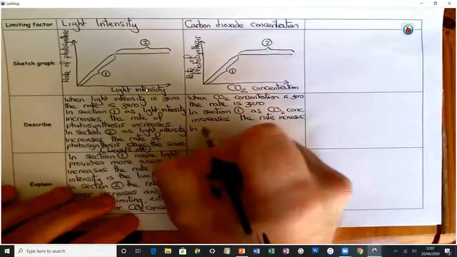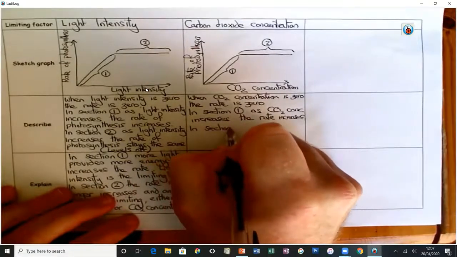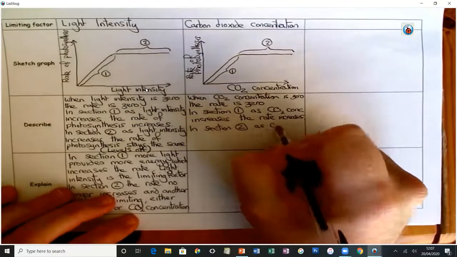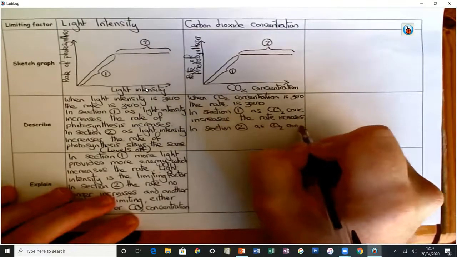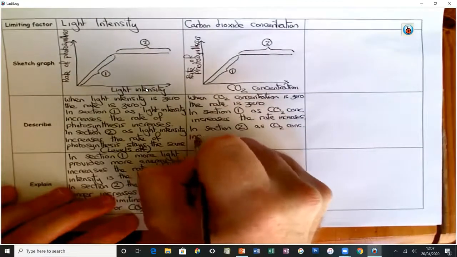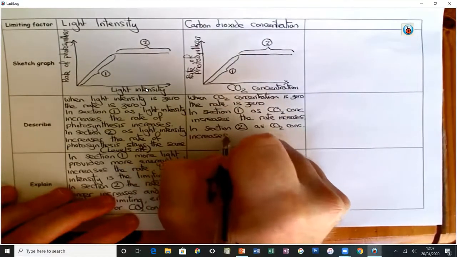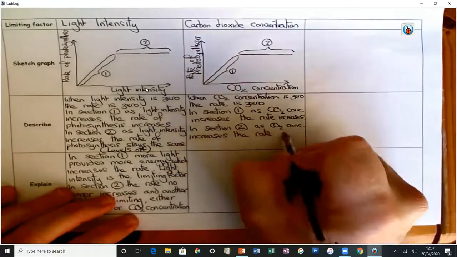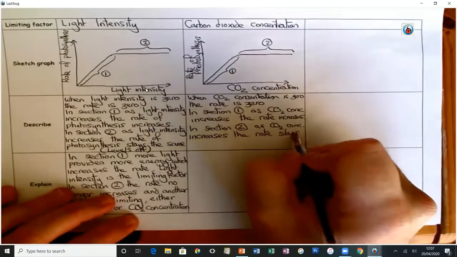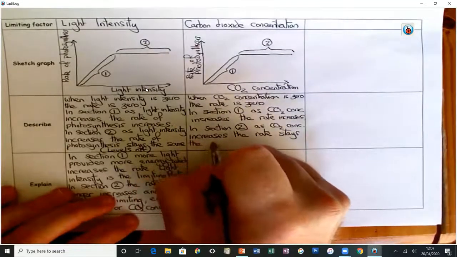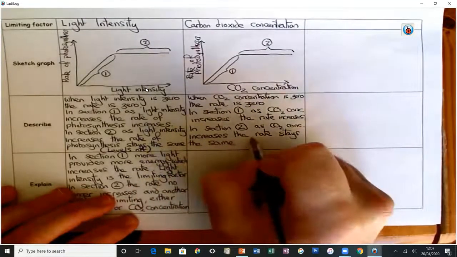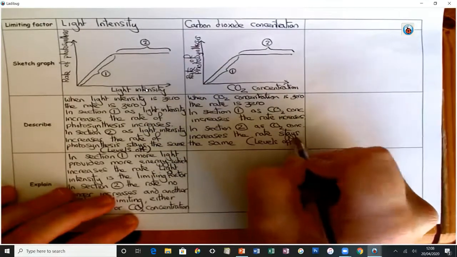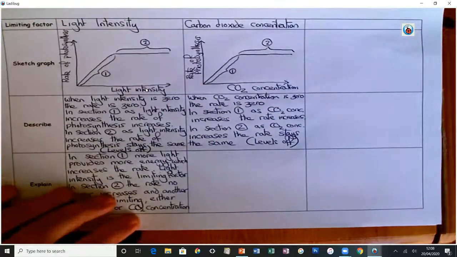So in section 2, as carbon dioxide concentration increases, the rate of photosynthesis stays the same. It's leveled off. Okay, so that's a description of what we can see in the graph.